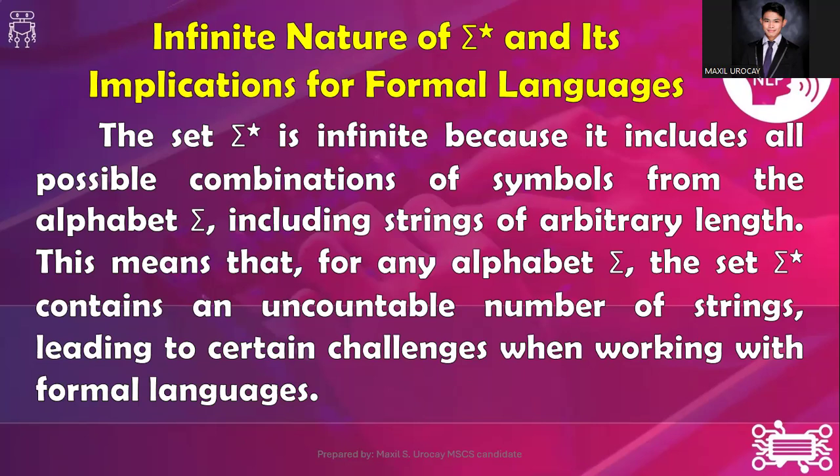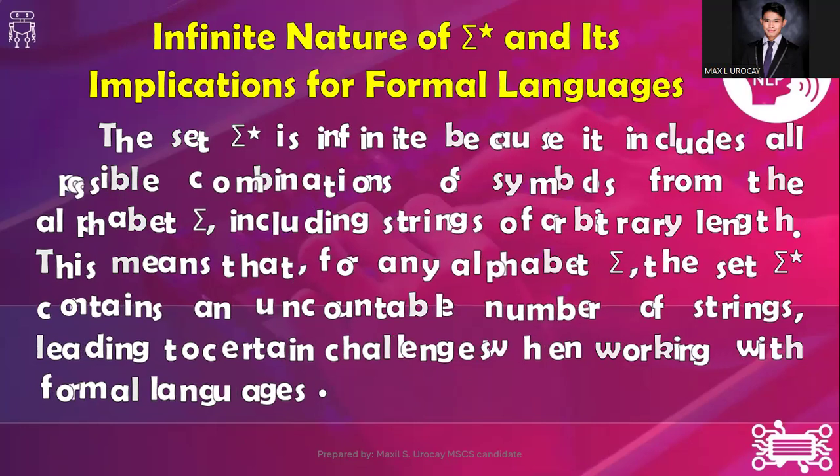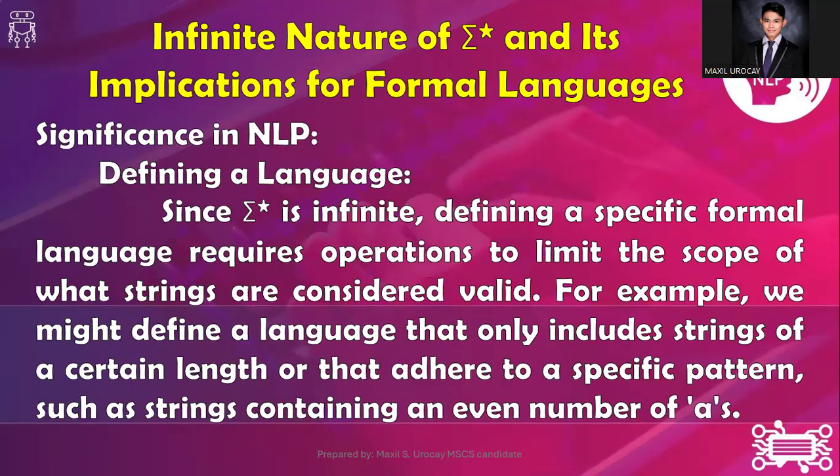To address the challenges, computational models often focus on subsets of the alphabet to the power of Kleene star that are finite or manageable, allowing them to effectively recognize and generate meaningful strings within the context of a specific task. Now, the significance of this in terms of NLP: defining a language.